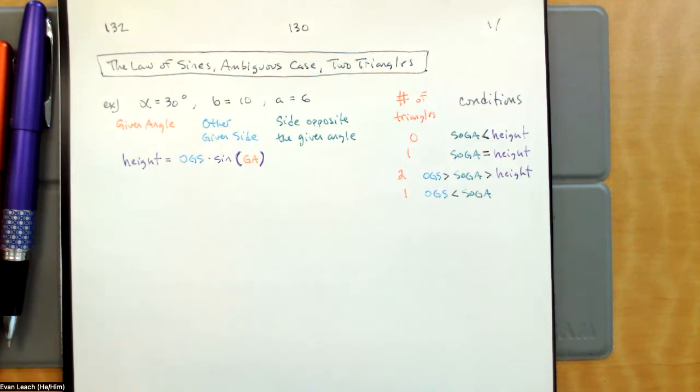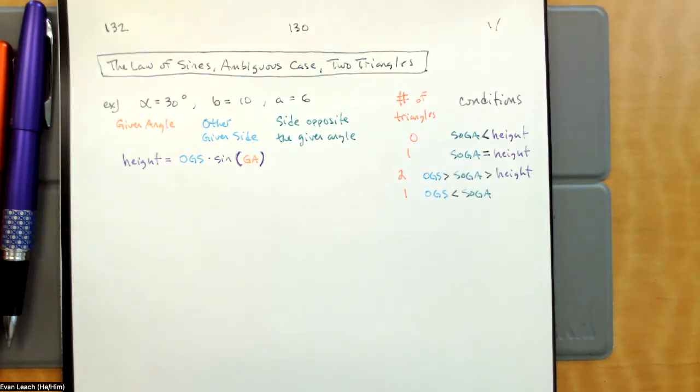You get one right triangle if the side opposite the given angle is exactly equal to the height. If the side opposite the given angle is greater than the height, but less than the other given side, that's the two triangles case. And if the side opposite the given angle is greater than the other given side, then you're back to the one triangle case.